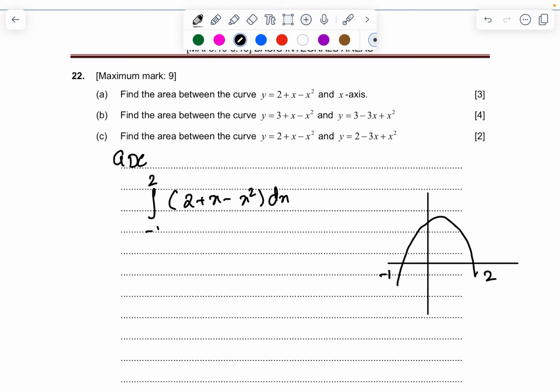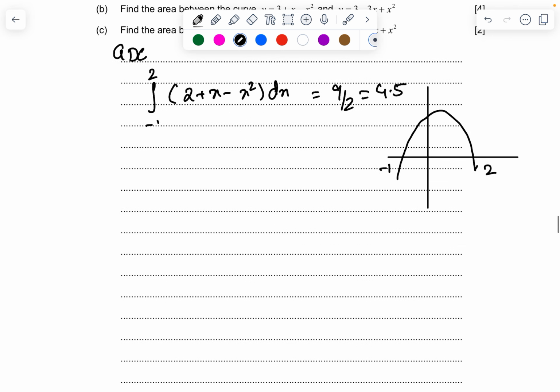Go back to the calculator, F4, and again it is going to be 2 plus x minus x squared, and the lower limit is going to be negative 1 and the upper limit is going to be 2. Plug in that one, you should be getting 9 upon 2, which is 4.5. That is the area between those two curves.